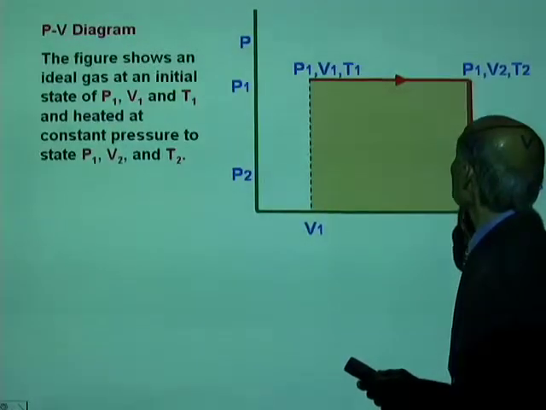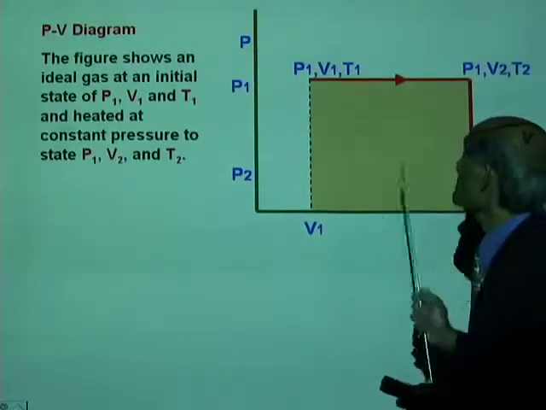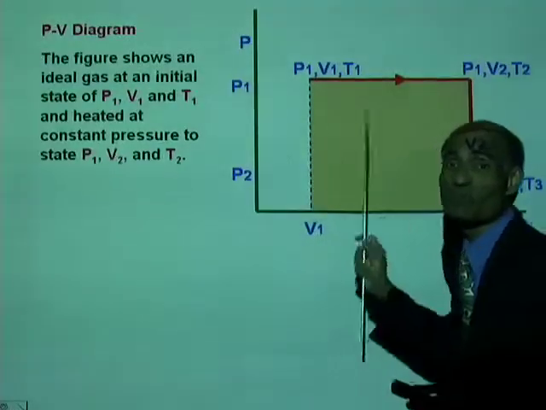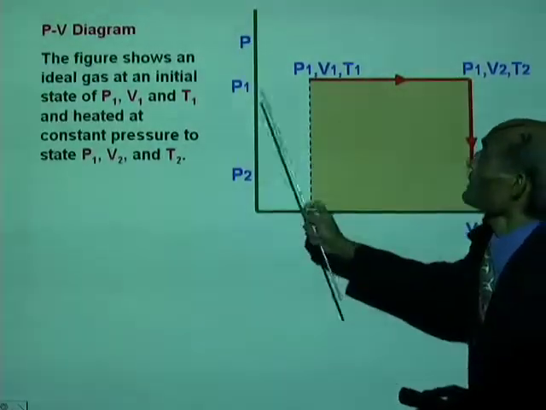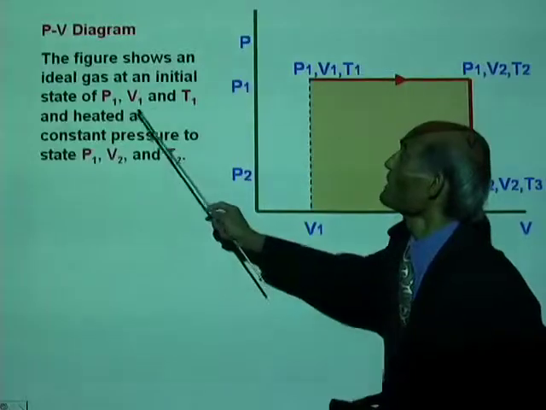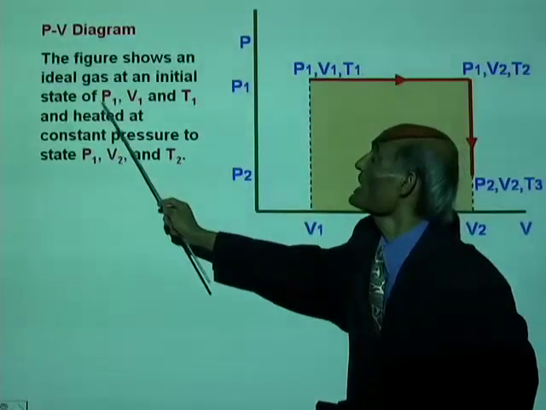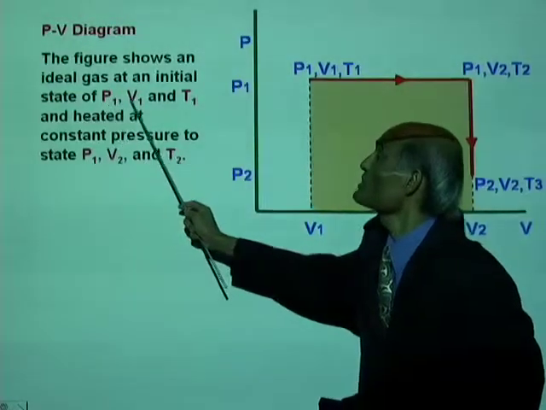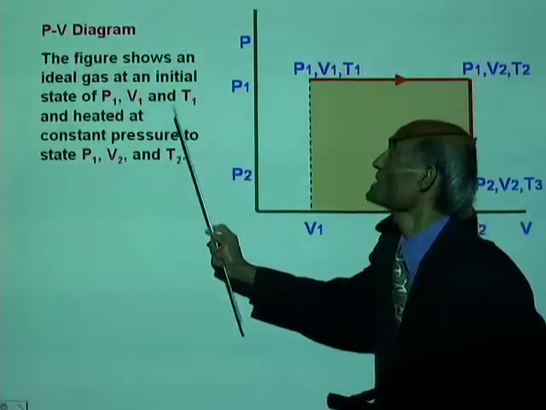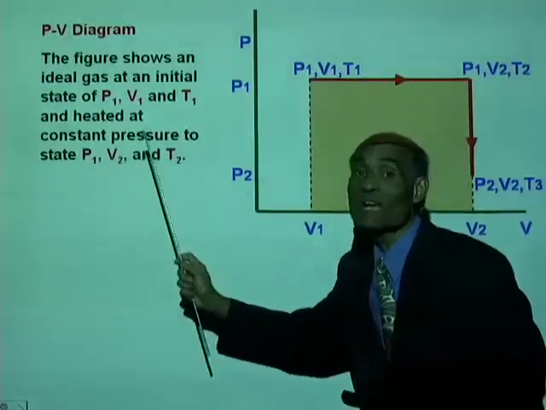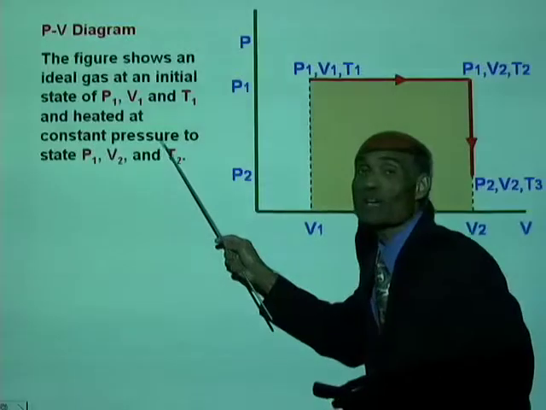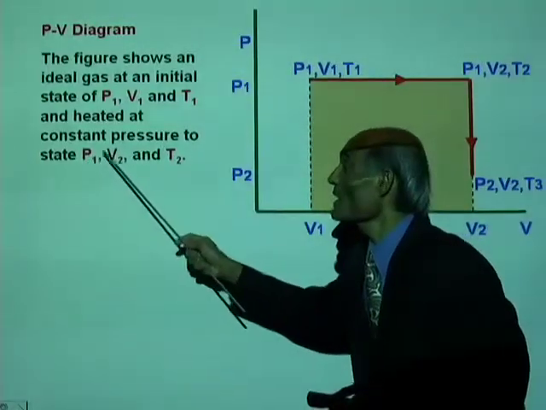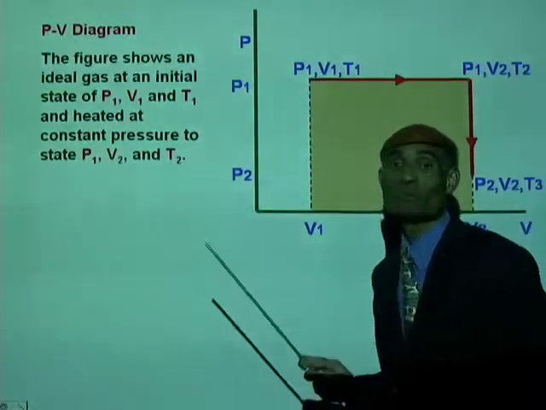Volume has changed to V2 and the temperature has changed to T2. So the figure shows an ideal gas at an initial state P1, V1, T1 heated at constant pressure to a state P1, V2, T2.